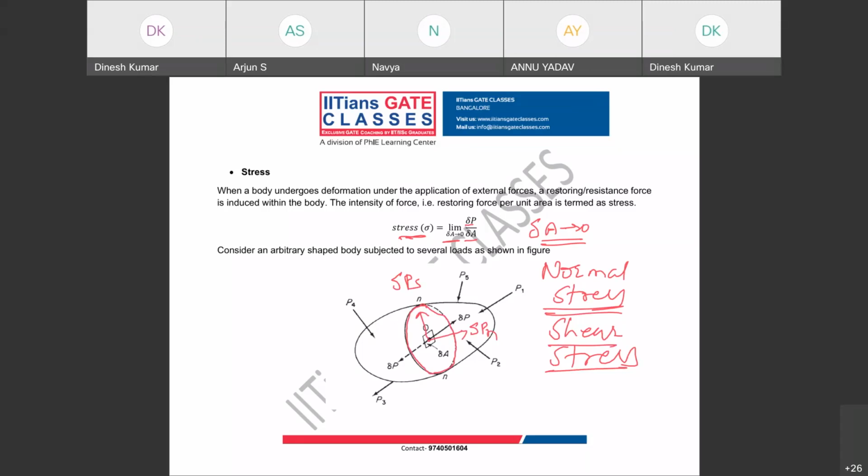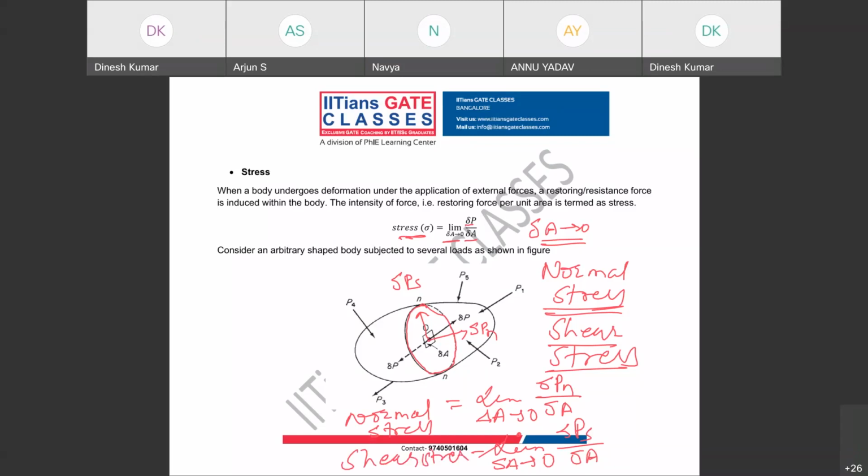So if you find the limit as delta A tends to 0 of delta Pn upon delta A, it is known as normal stress. And if you find the limit as delta A tends to 0 of delta Ps by delta A, this is known as shear stress.